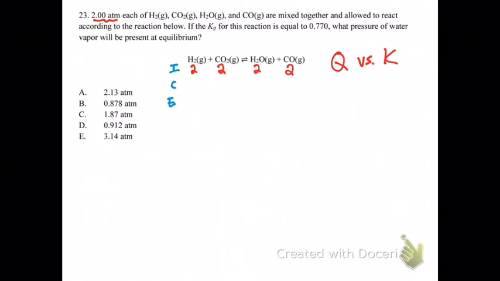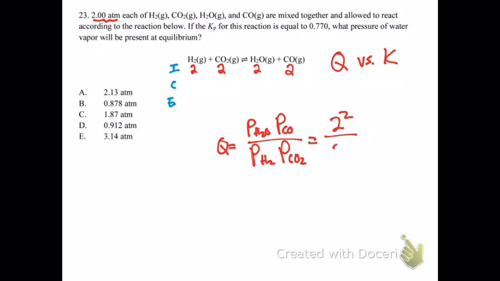Q is going to be equal to products over reactants, so the pressure of H2O times the pressure of CO over the pressure of H2 times the pressure of CO2, which would be equal to 2 times 2, or 2 squared, over 2 times 2, which is 2 squared, which would be 1.